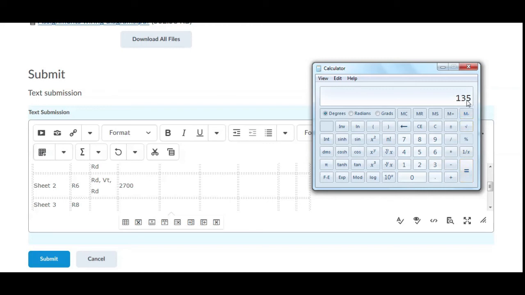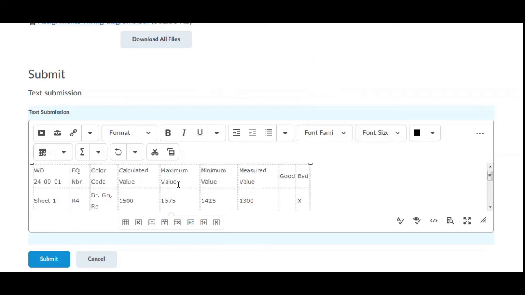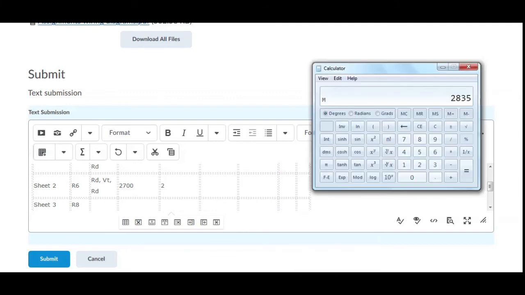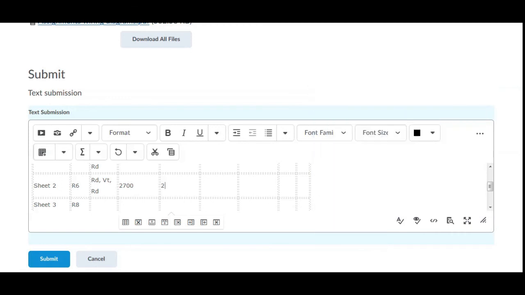My tolerance is plus or minus 135. Let me put that into memory. 2,700 plus memory recall equals 2,835. So my maximum value is going to be 2,835.